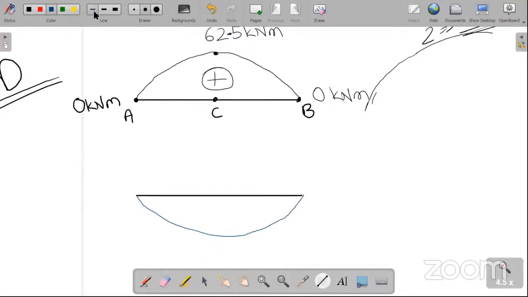Now the thing is, how much is this value? Can anyone tell me the deflection value? What will be the deflection at C? See, this is A, this is B, this is C. What will be the Y max, the maximum deflection?